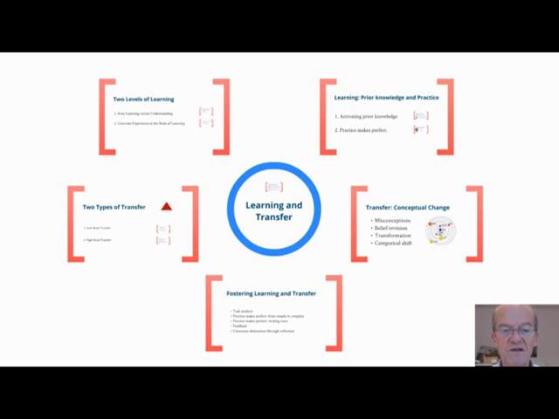Now we have discussed the process of learning by making a distinction between rote learning, surface learning, and understanding, deep learning, and we have discussed important mechanisms, in fact, practicing and activating prior knowledge as part of the learning process. We can now turn to the issue of transfer.